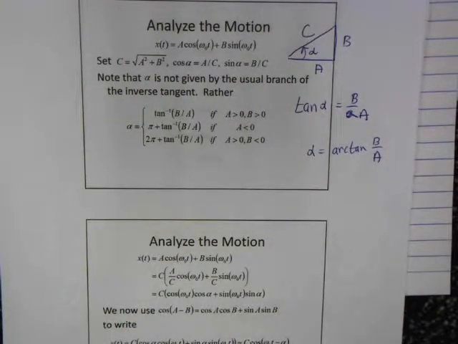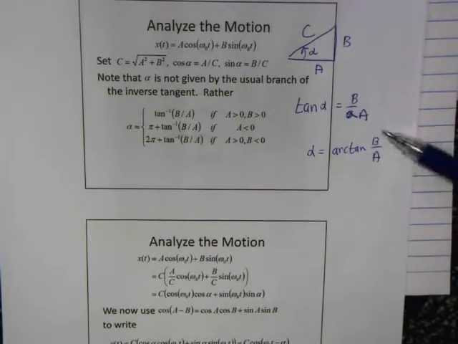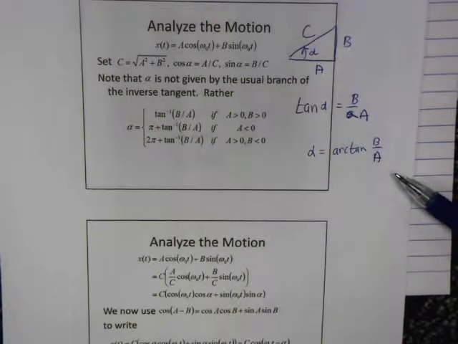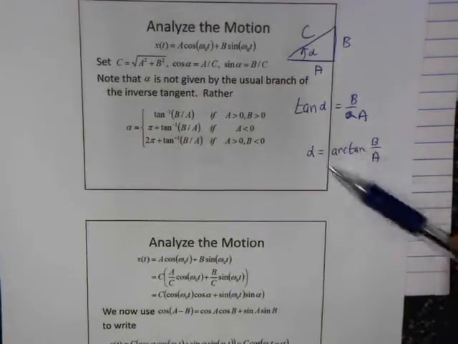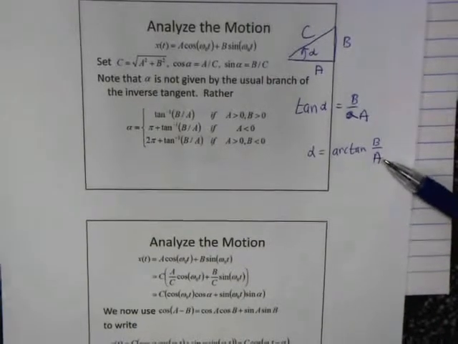Very tempting to write that, but you need to be careful. When you do arc tangent of b over a, you only get angles in very specific quadrants. So what's the range of arc tangent? What kind of answers do you get when you use the arc tangent function? Isn't it the first and third quadrant? It is not first and third. Is it between pi over 2 and 3 pi over 2? No, it's in which ones? First and fourth.